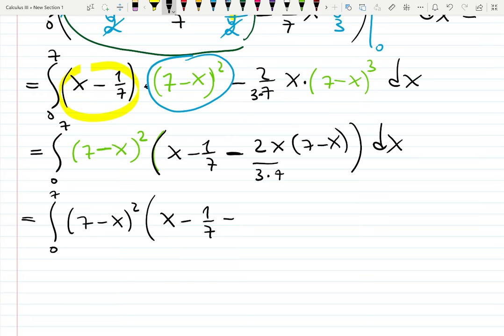I'm thinking, oh, I see. What if I see it this way, this piece and this piece? I can divide by 7 and by 1 more 7. So I want to create 7 minus x, right?